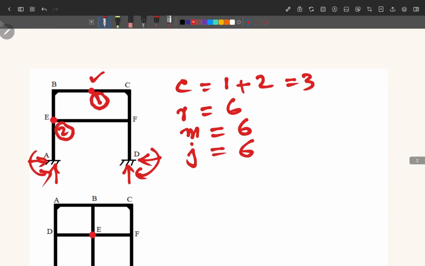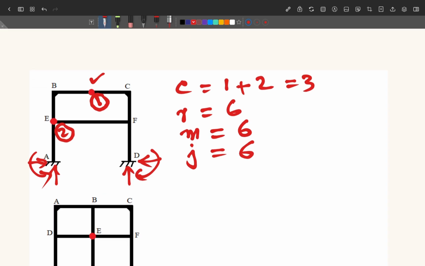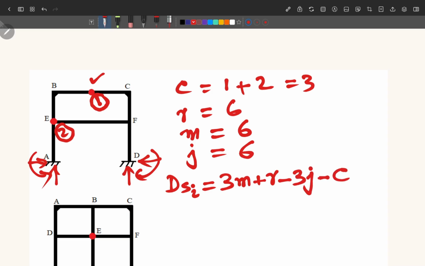We will consider only those joints which are rigid joints. Then the degree of static indeterminacy will be calculated in a similar way: 3m plus r, these are your total unknowns, minus 3j minus c, and these 3j and c are your equations which you can apply for solving.